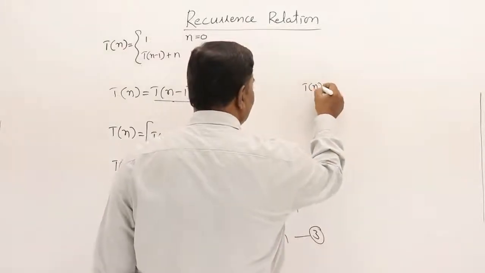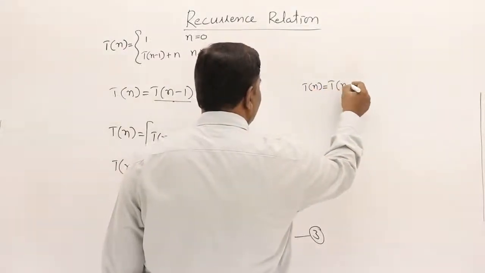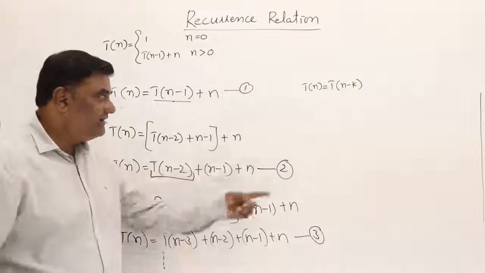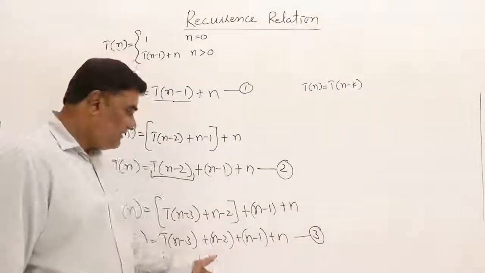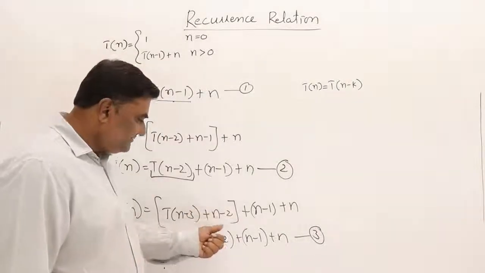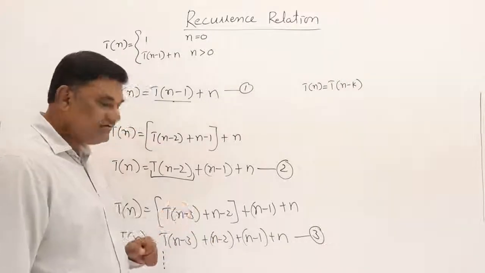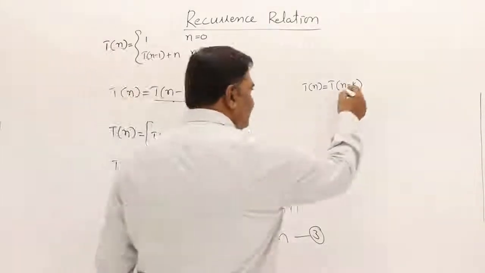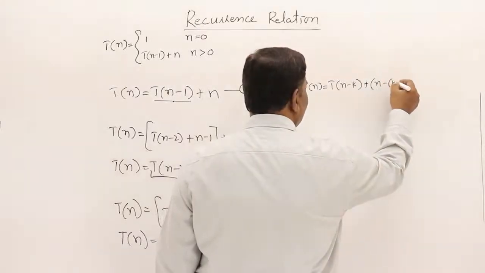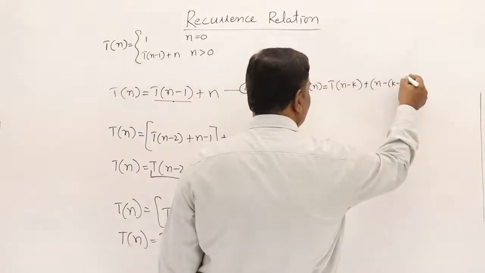Tn is equal to Tn minus k. Instead of n minus 3, I am writing n minus k, plus n minus 2. This was 3, so it will be 2, 1 less than this one. So if this is k, then this will be n minus k minus 1.